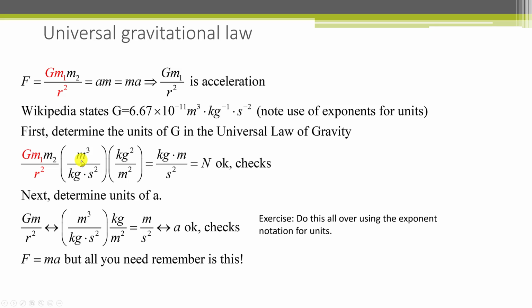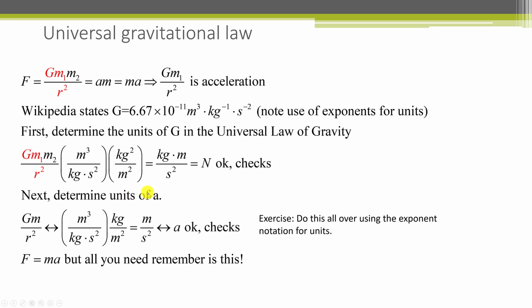You can see that the units will cancel out. If you cross out the kilogram squared with a kilogram in the bottom, you get kilograms here. Then if you do the same for the meters cubed divided by meters squared, you get meters, and the seconds is unchanged. So you get kilograms meters per second squared. That's a Newton. So that check is good.